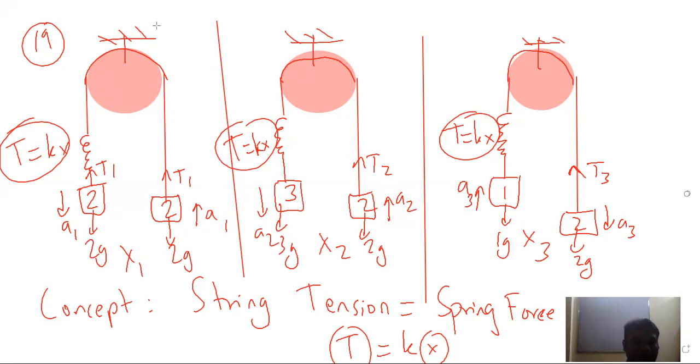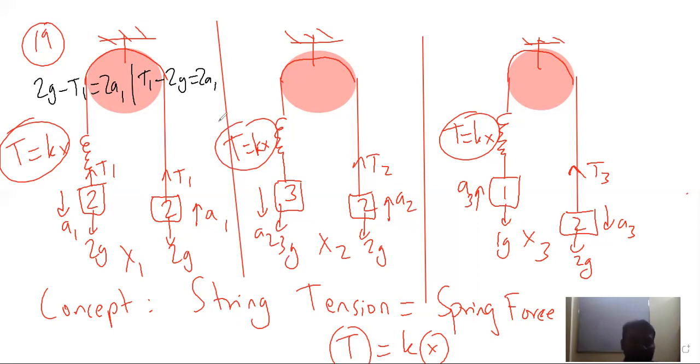So what will be the equation for the first one? Let us see. The first equation here is T1 minus 2G is 2A1. And for this mass here, we have 2G minus T1 is 2A1.